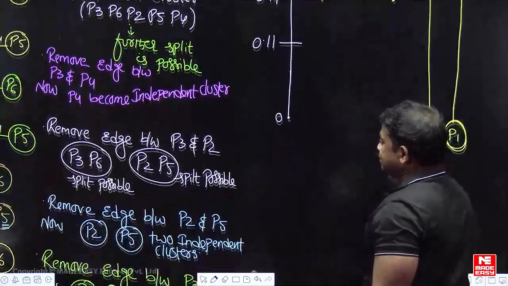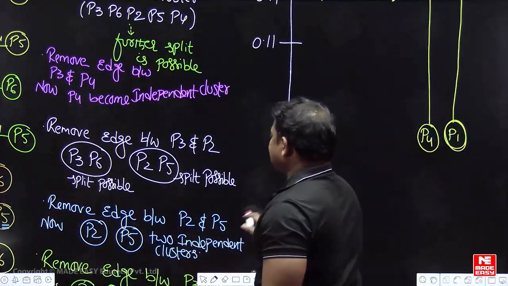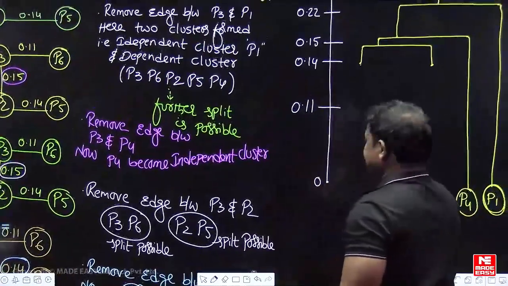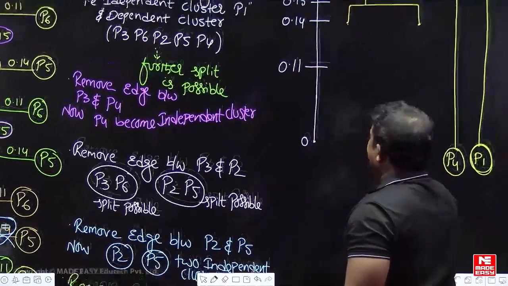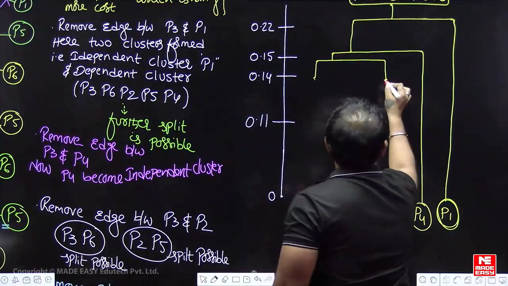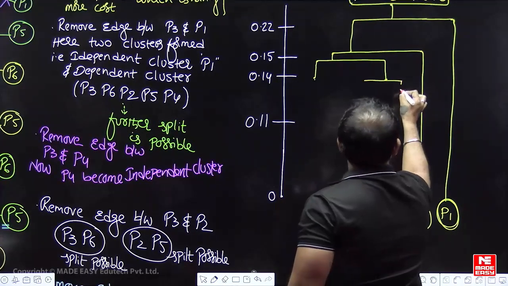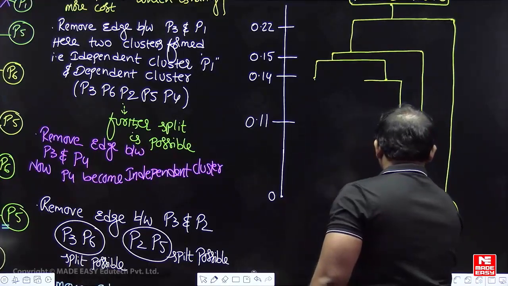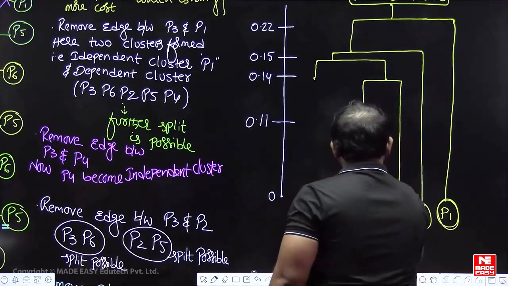And next, when we enter into 0.14, then P2 and P5 both are split. So this will be splitting into two parts: this is P5, this is P2.